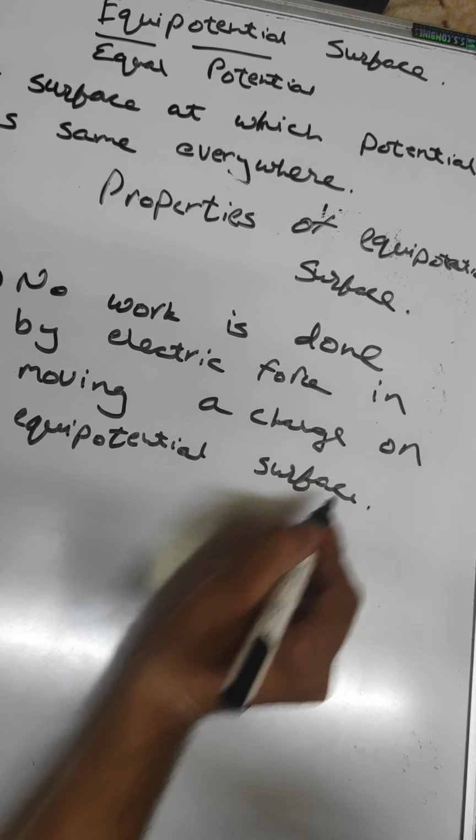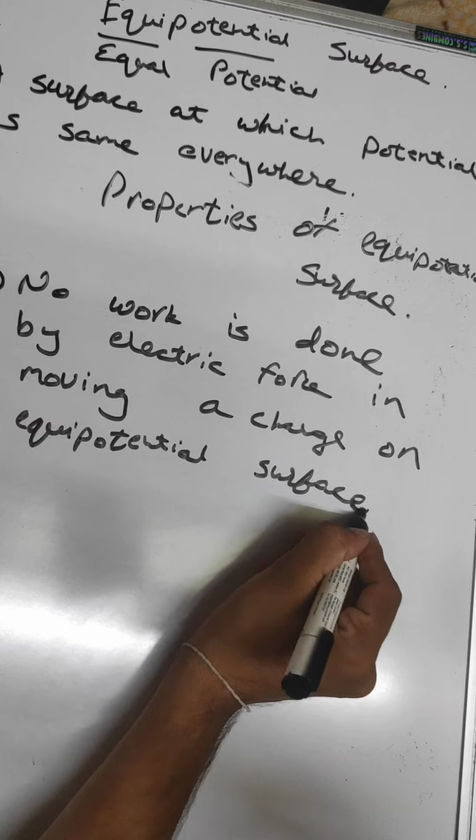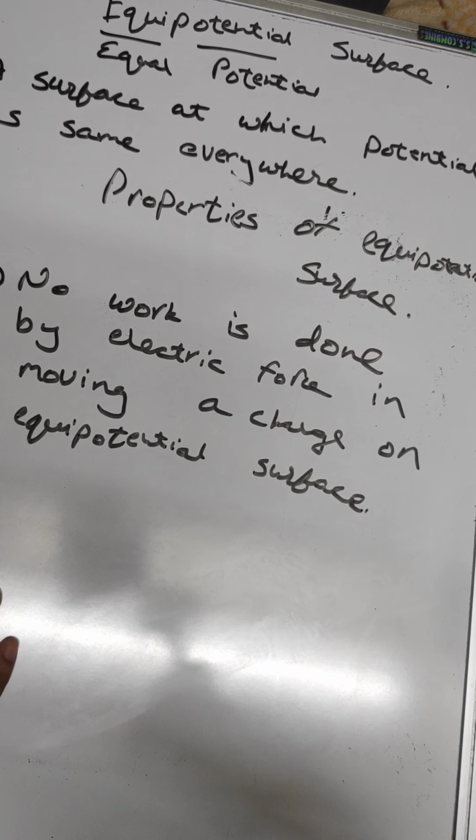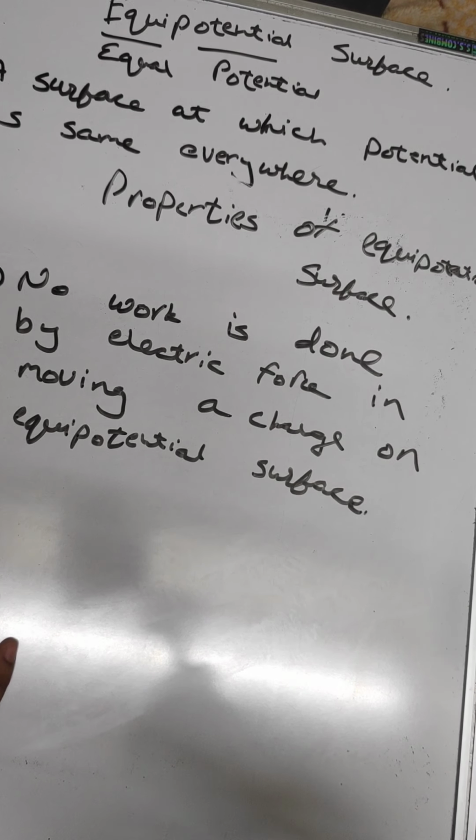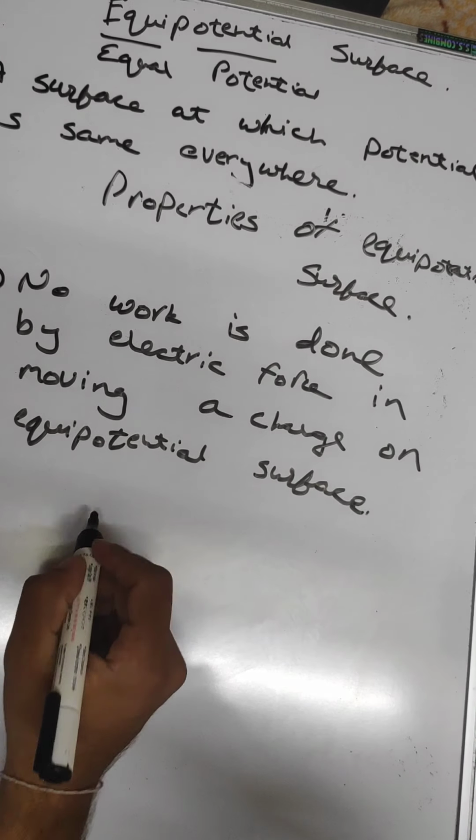First of all let us understand what this wants to say, then we'll understand how it works. No work is done by electric force in moving a charge on an equipotential surface.